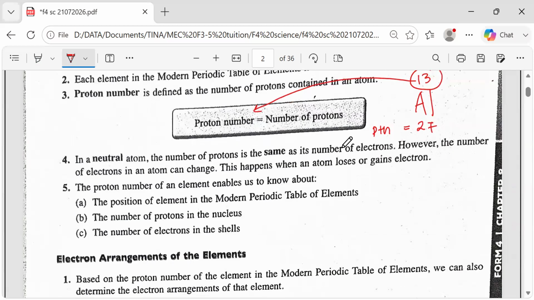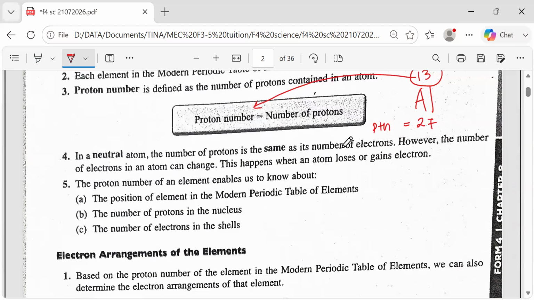Okay, so every atom, the middle of the atom is called what? Same like a cell. The cell in the middle is called the nucleus. So the nucleus is the proton and the neutron in the nucleus. Around it got shells.